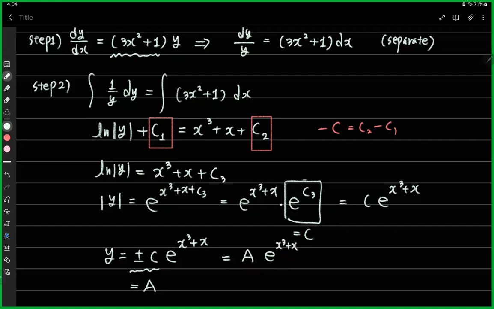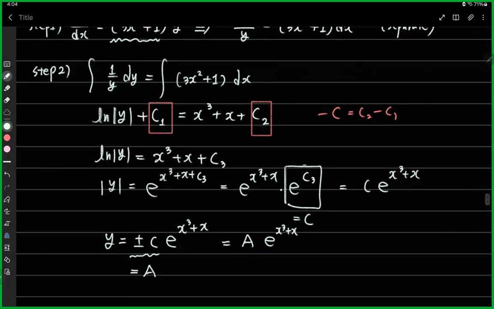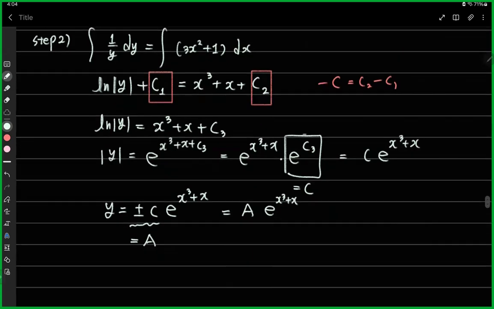Either way doesn't matter. So now you see here, this is A. You don't have to try to figure out the sign of A, because the sign of A will be determined by the initial condition.